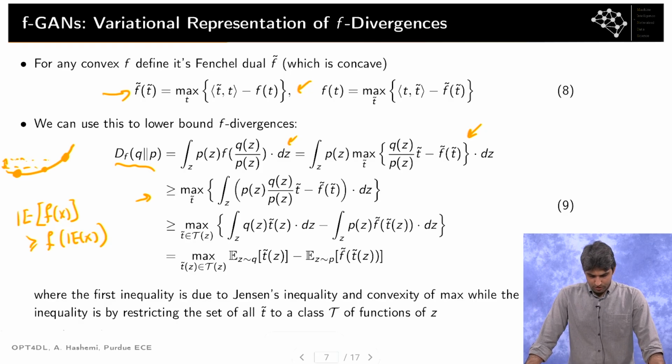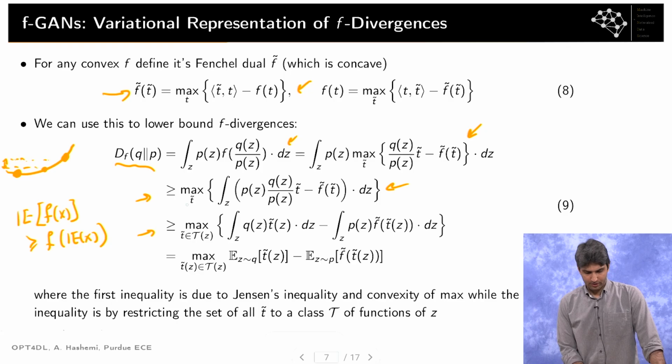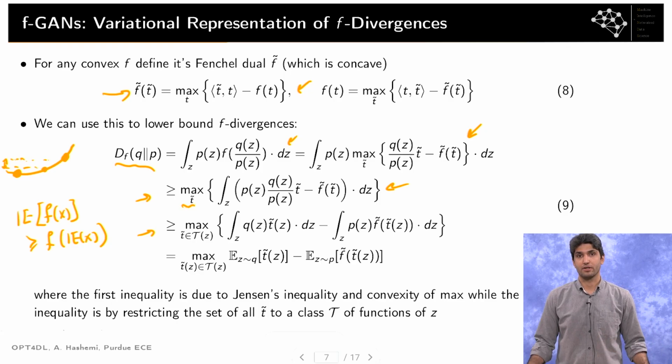So using Jensen's inequality, we can establish this result. Okay, and I claim that we can again lower bound this using the fact that the maximum here, which comes from the definition of Fenchel duality, is over all possible t tilde.